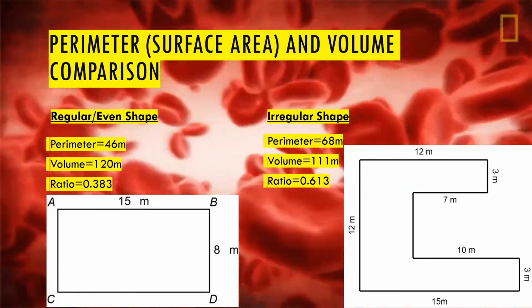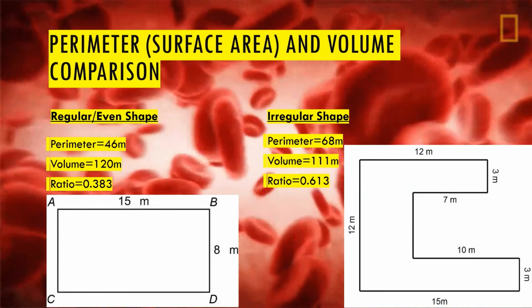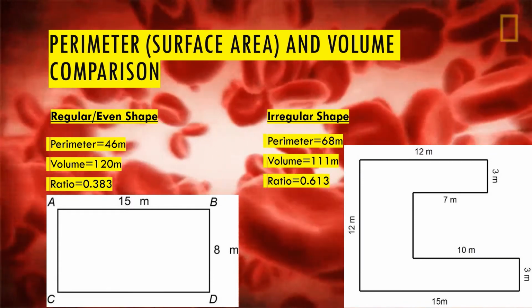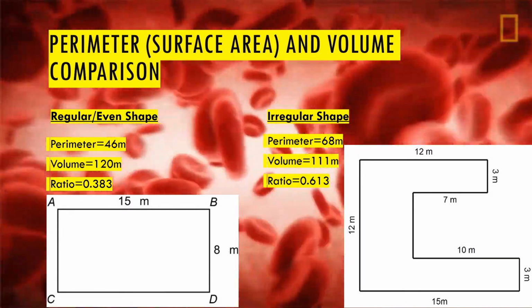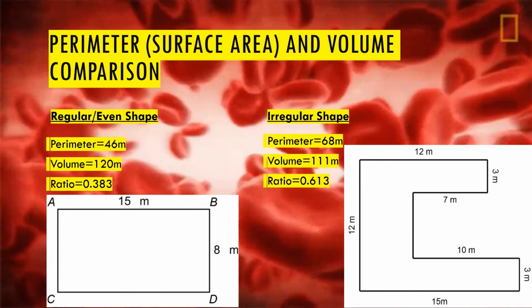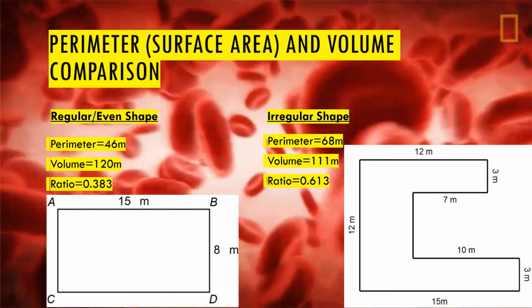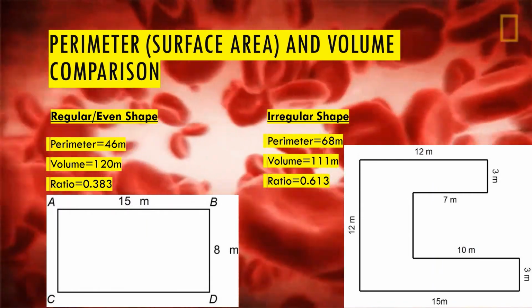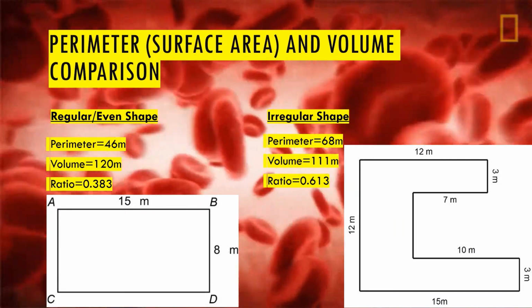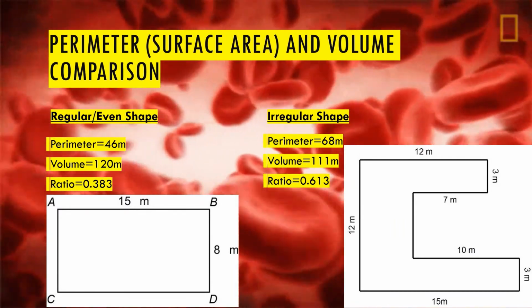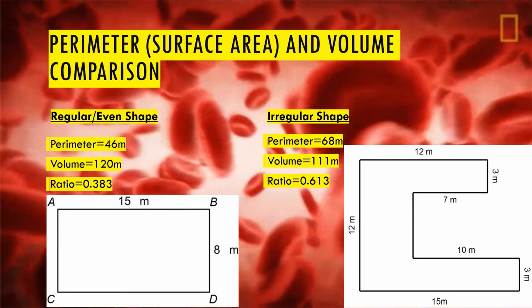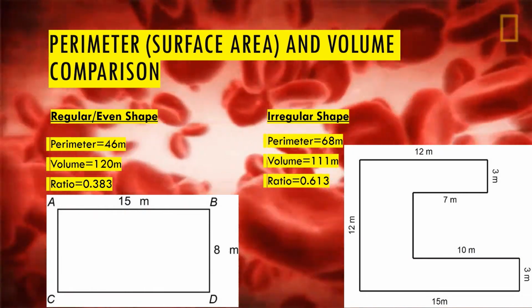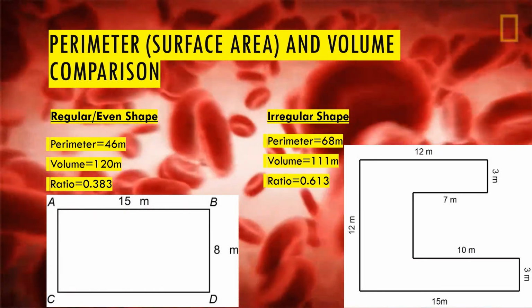So here's a little bit of math explaining it. We have two shapes, both of approximately the same volume, but they have drastically different perimeters and shapes. I'm using 2D images here just because it's simpler than looking at 3D images.